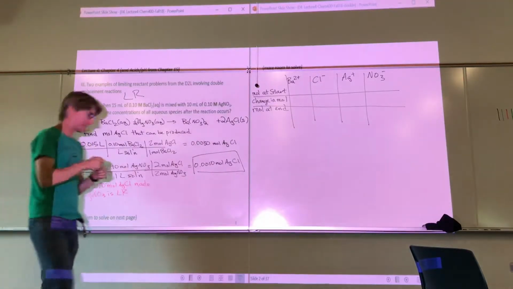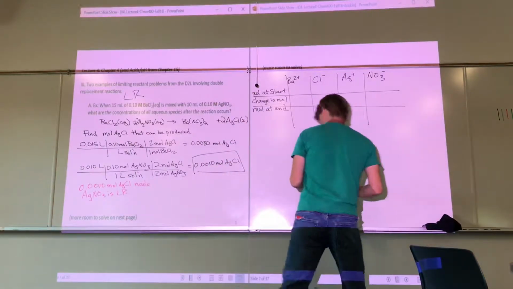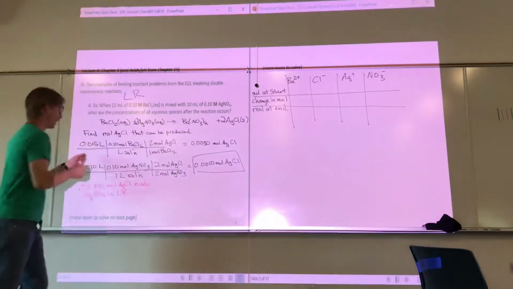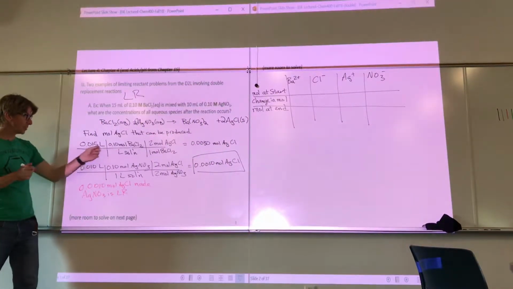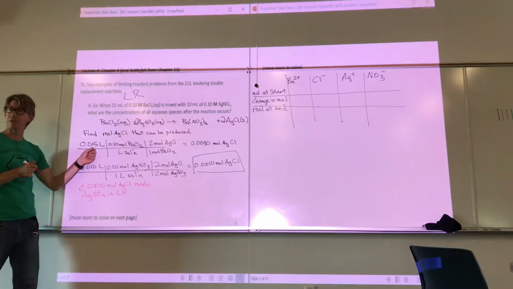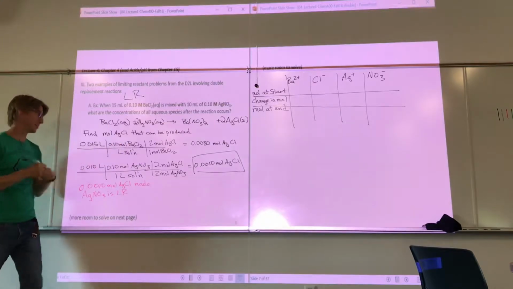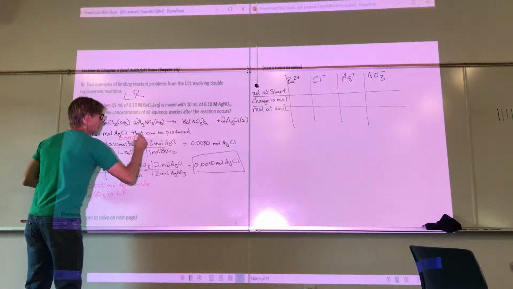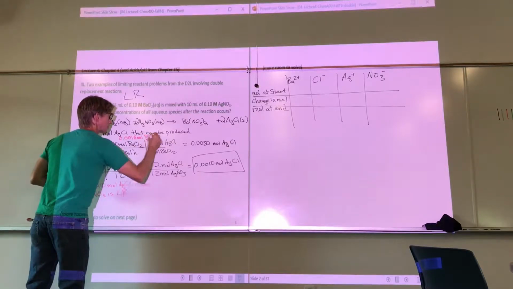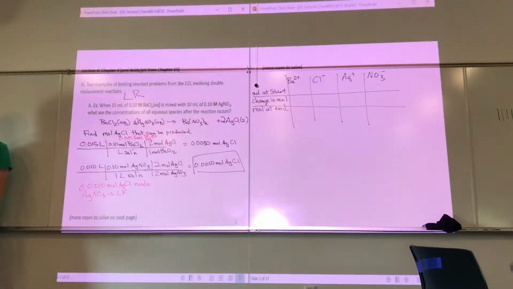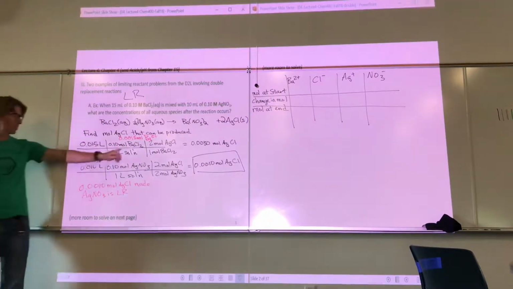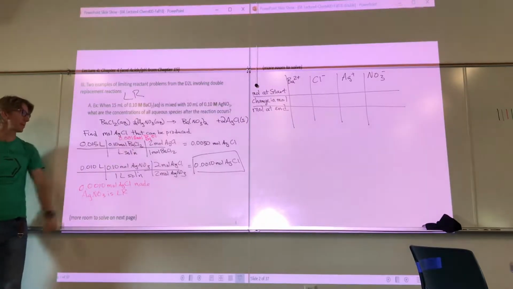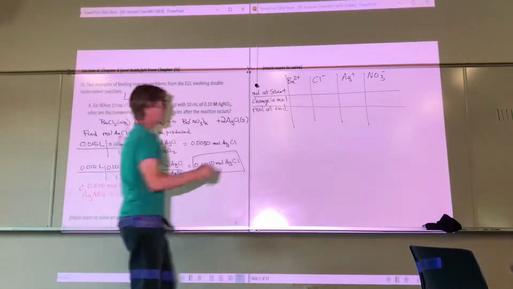So what I'm going to write right here, in red even, is that just by multiplying these two together, I get 0.0015 moles of barium. Right, because that's the moles of barium chloride, 1 barium per barium chloride. And that's my start.